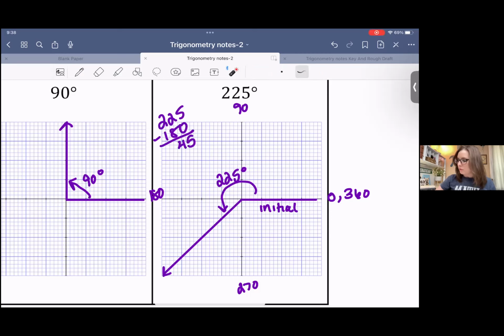So basically from here, there's a 45 there. I'm going to tell you a little quick trick. If it ends in 5, it's going to be at a 45-degree angle in whatever quadrant it's supposed to be. So that'll help you narrow it down a little bit. So that's what that looks like.